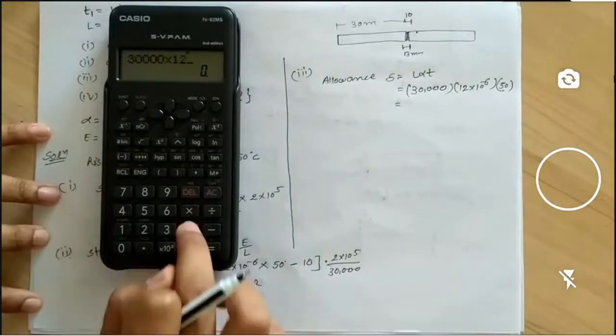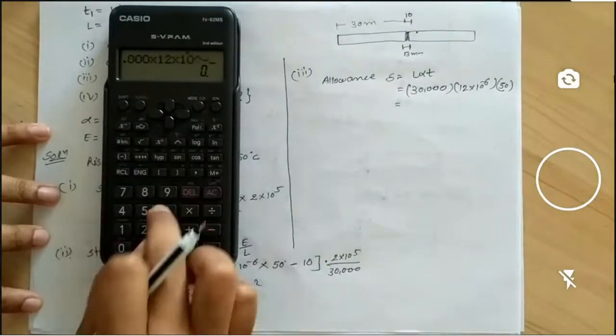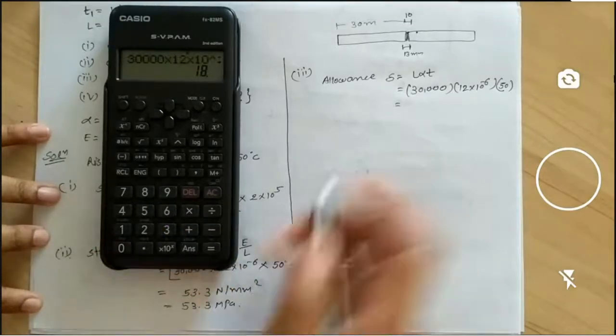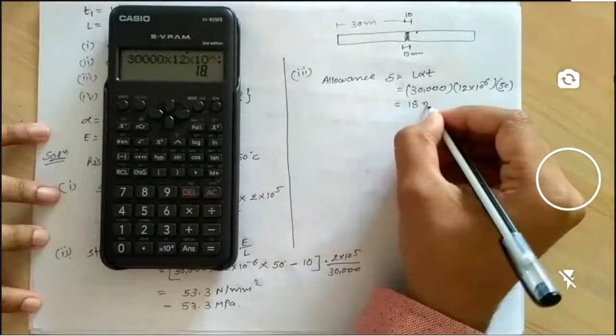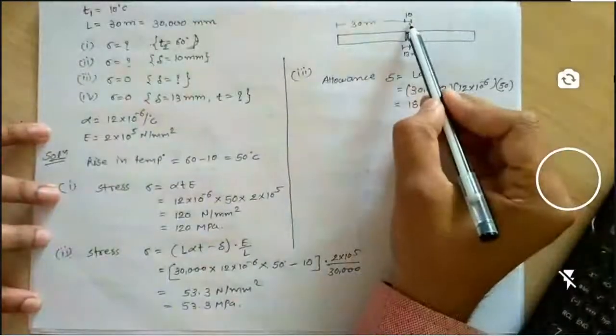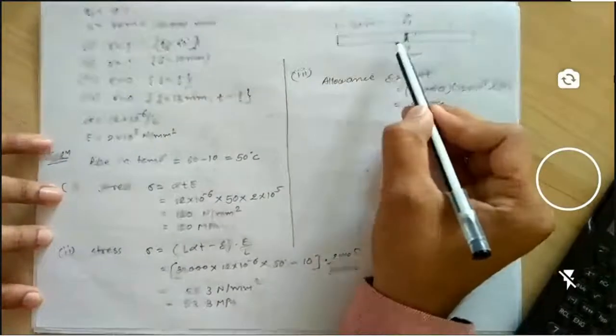So 30,000 into 12 into 10 raised to minus 6 into 50 gives 18 mm. That means if we provide an 18 mm gap here, no stress is generated within this element.